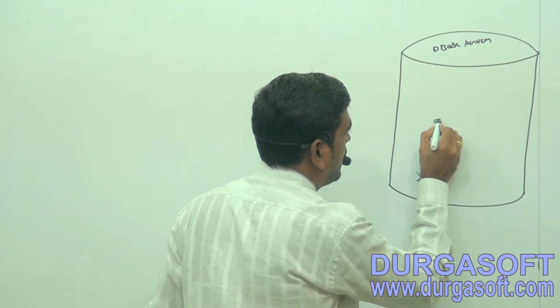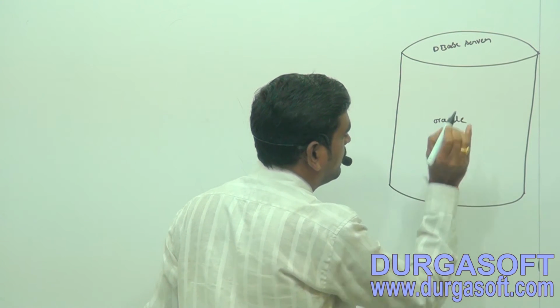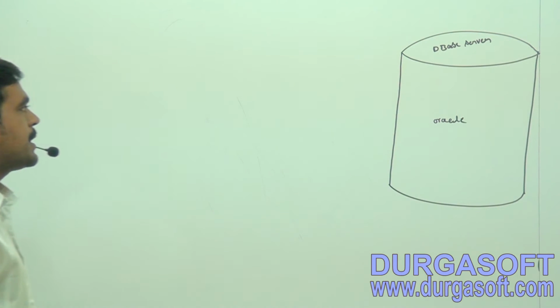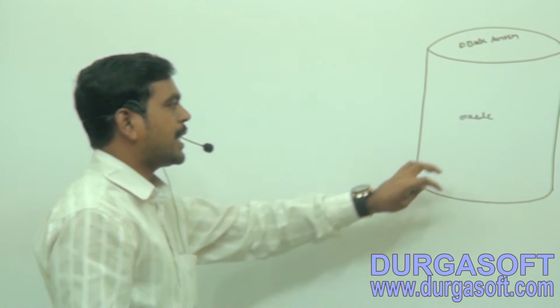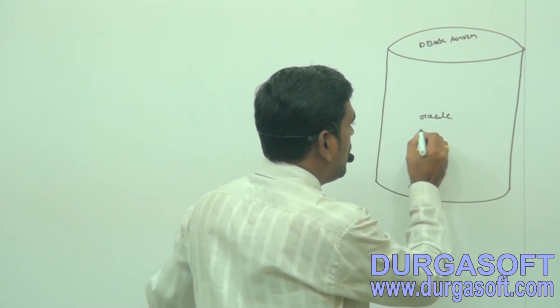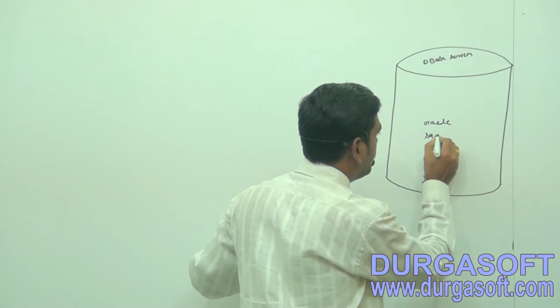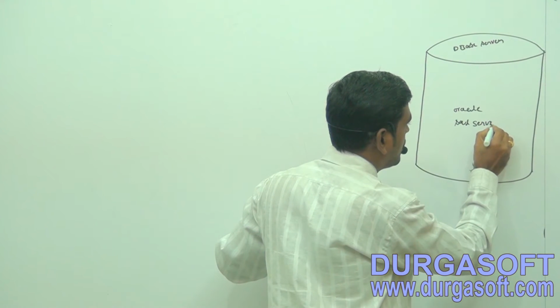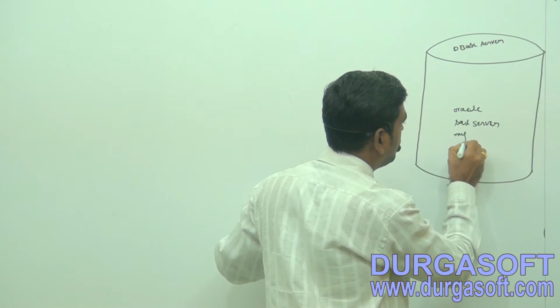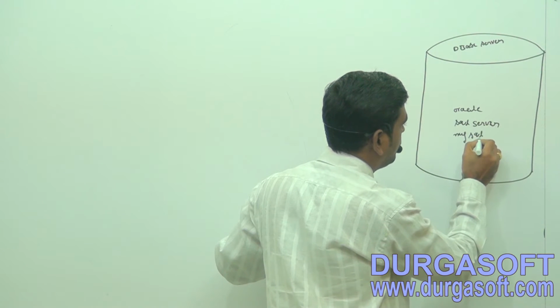Maybe it is the Oracle database. After installing the database, now we can install the application server. This is the backend server, maybe it is Oracle or SQL Server or MySQL, etc.